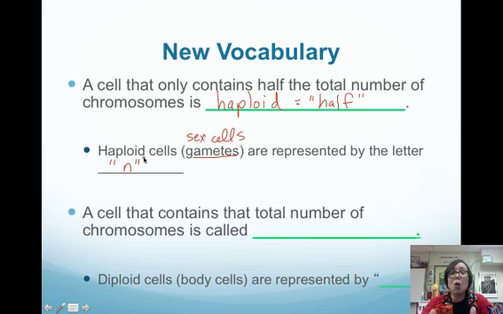A cell that contains the total number, or the magic number, of chromosomes for a species is referred to as diploid. Our diploid cells, or our body cells, also known as our somatic cells, are represented by the number 2 and the letter N, which makes sense. So 2 times the haploid gives us the diploid number.